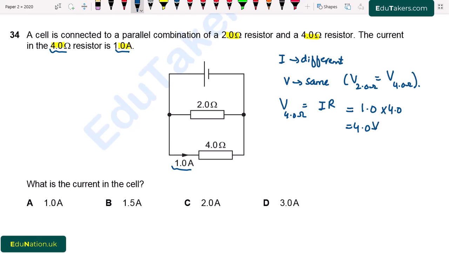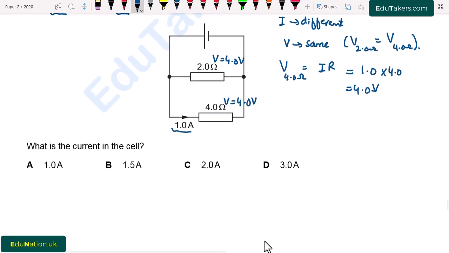So this 4.0 volt is actually across both of these resistances. So I write here V is equal to 4.0 volt. Again V is equal to 4.0 volt. Next I use Ohm's law for the other resistance. V is equal to IR, and I is equal to V over R. So this is the current through the 2.0 ohm resistance.